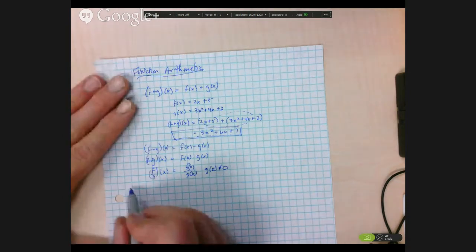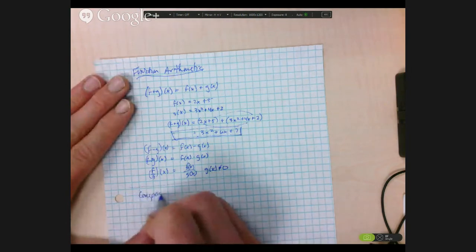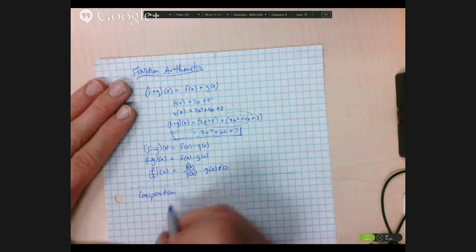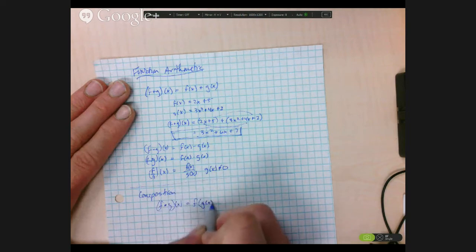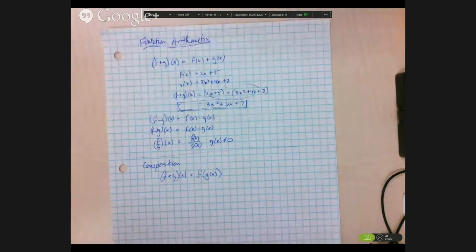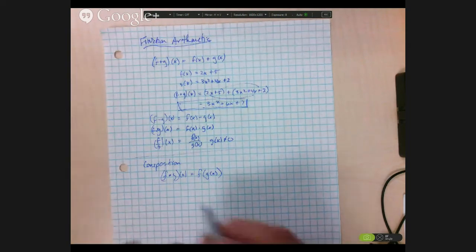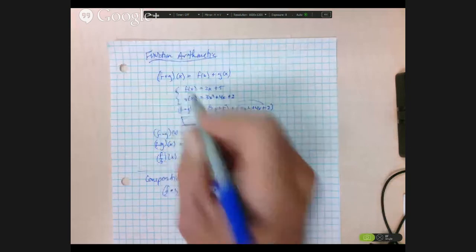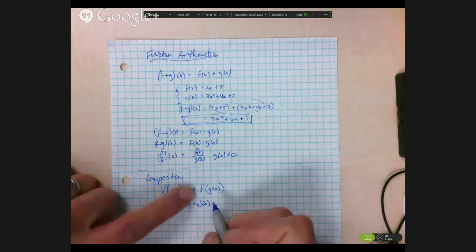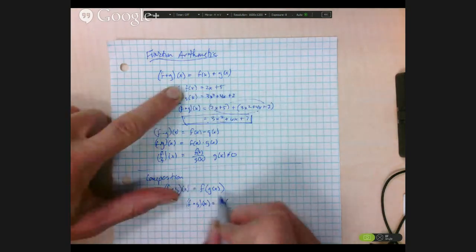All right, the important part of today is composition. It looks something like that. Okay, that looks familiar. So basically, we're putting g of x inside of f. So if I use my example up here with these two again, f of g of x is f of, and then I'm going to put g inside of it.